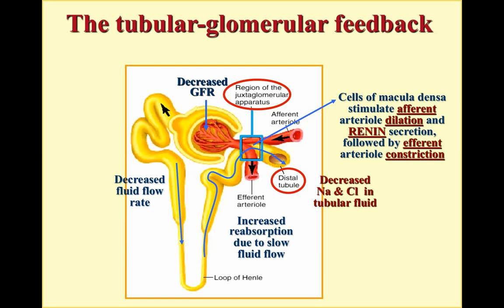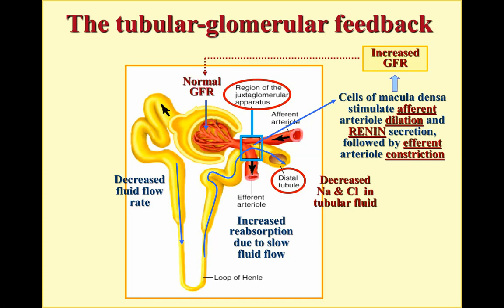So when the arteriole that supplies blood to glomerulus is dilated and outflow is impeded, it results in increase of pressure and therefore higher glomerular filtration rate. So glomerular filtration rate increases back to normal, and kidney function is again normal.